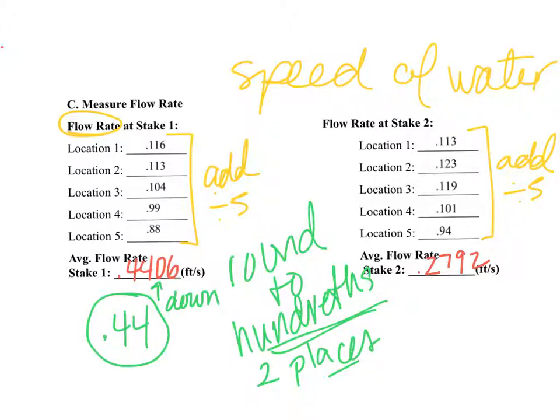Over here on the right, for stake number 2, my third number is a 9. That, of course, is going to round up. So my 7 will increase to an 8, and my average over here will be 0.28 feet per second. So even though this is what I got on the calculator, I'm going to use 0.28 for this calculation further.